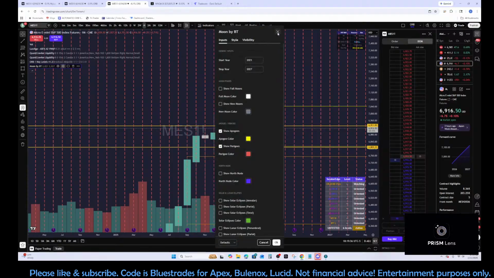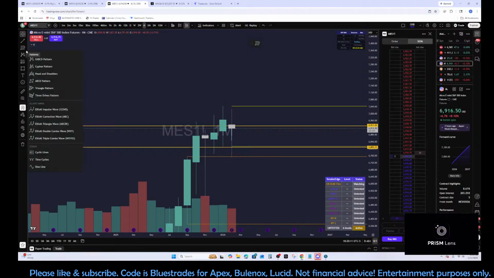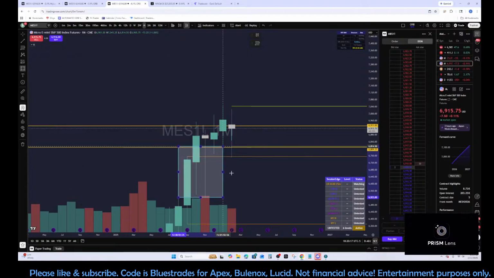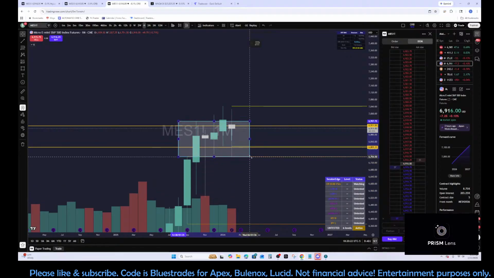I've been looking at something called apogee and perigee dates. I mentioned it in a previous video. Look, this is a monthly chart, right? If you just draw a rectangle on the monthly chart, look at this.